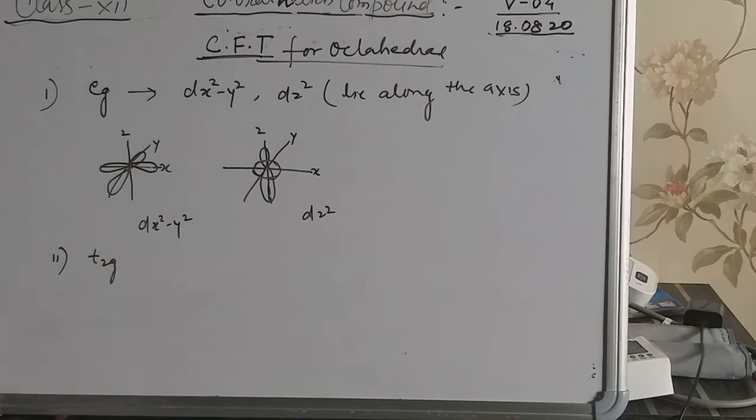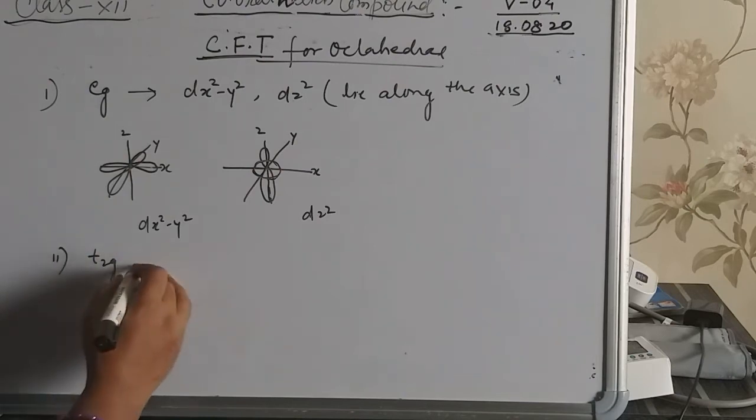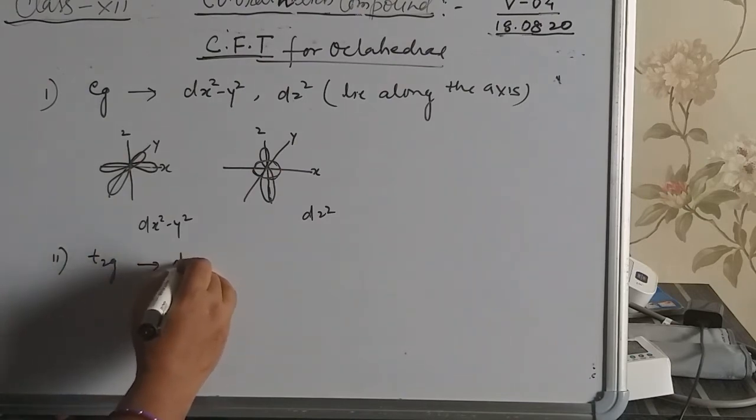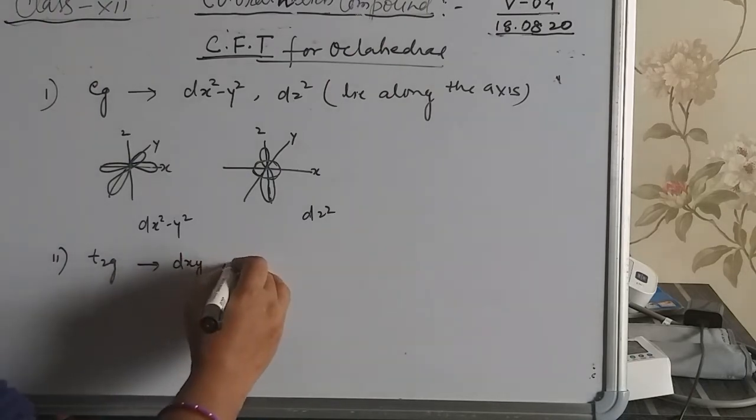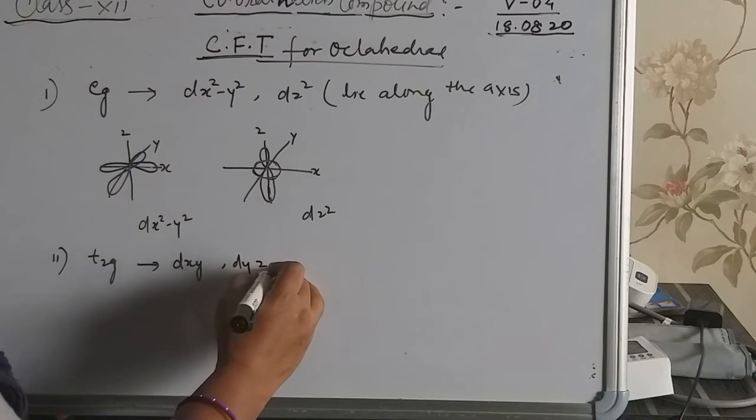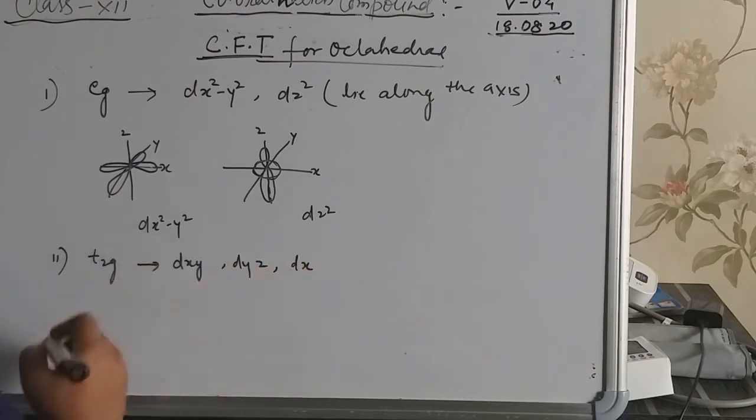And t2g, triply degenerate orbitals, in which out of 5, 3 are known as t2g: dxy, dyz, and dxz.